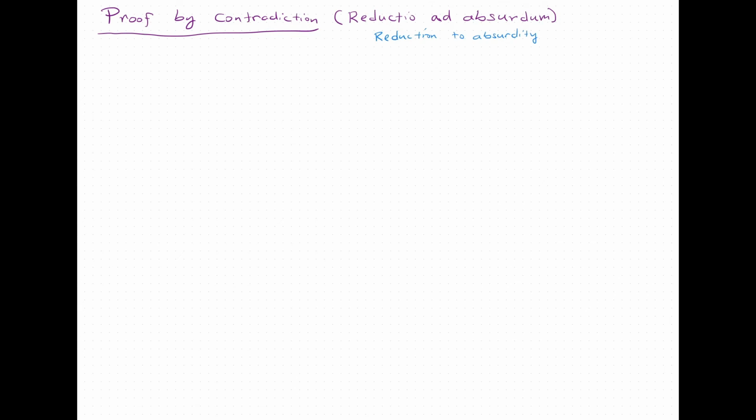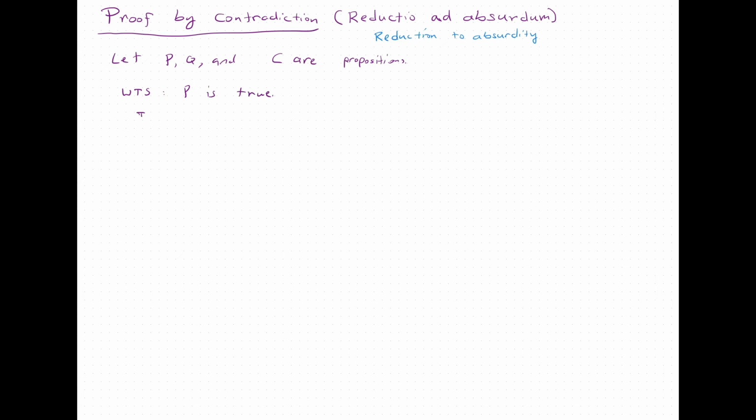Now, the way that it works is as follows. So throughout, I'm going to go ahead and suppose that P, Q, and C are propositions. And so let us suppose that we wanted to show that P is true. So we want to show, which I'm going to abbreviate to WTS, P is true.